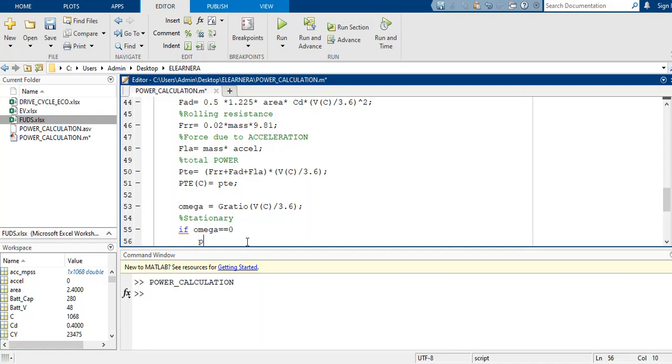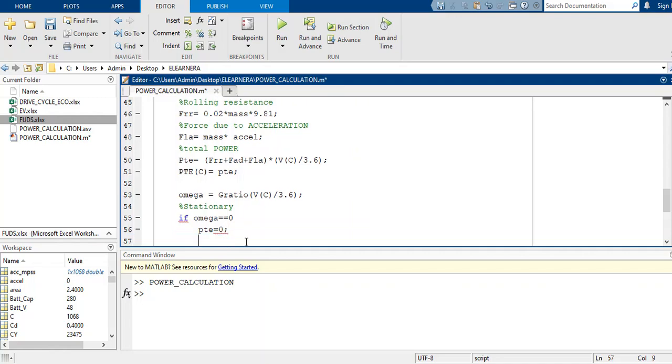Okay, then we will put the total traction power is 0, then our motor power, that is P motor, means input power, is equal to 0.